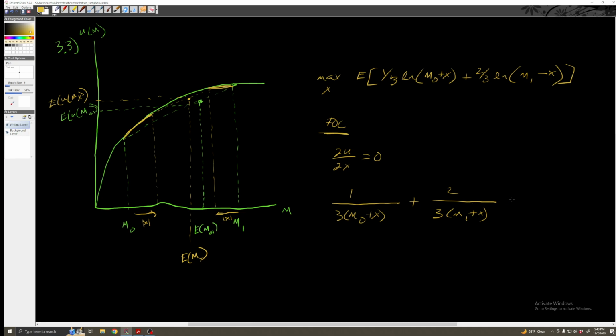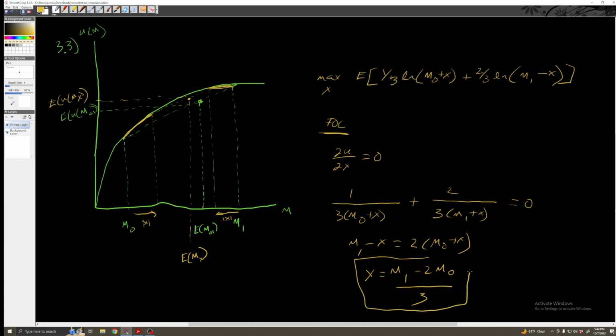And then this is set equal to 0, and we just need to solve for what x is. So we can think of this as m sub 1 minus x equal to 2 times m sub 0 plus x. And then recovering the x term, we get m sub 1 minus 2 m sub 0, all over 3. And that's how much we're willing to give up.